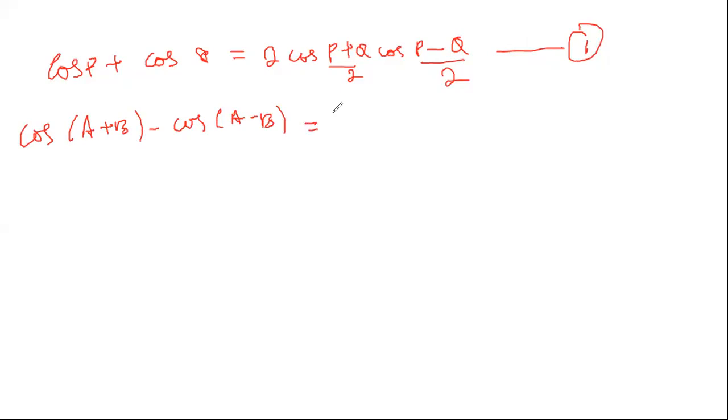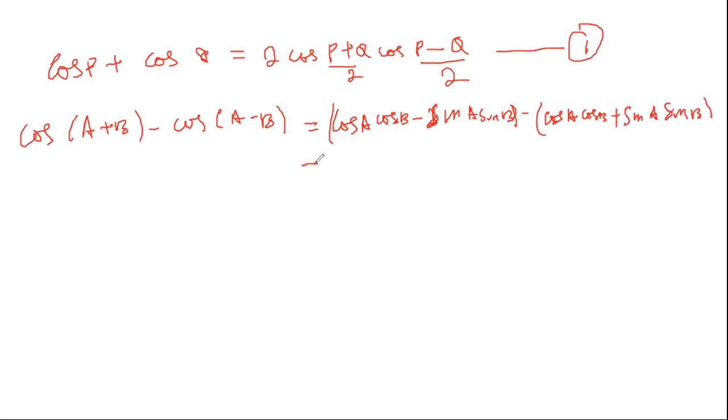So we said this is going to be cos A cos B minus sin A sin B. Then we are going to subtract now cos A cos B plus sin A sin B. So what happens when we open brackets? What will happen?